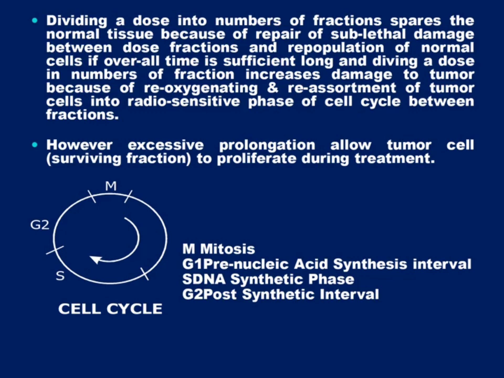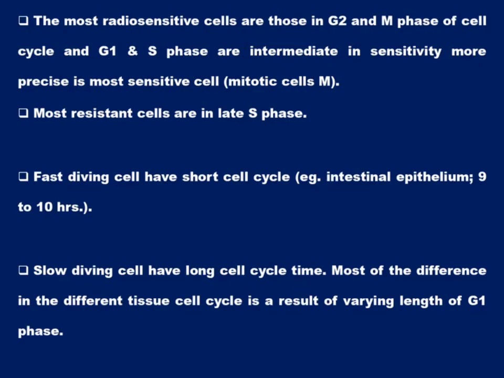The cells in G2M are radiosensitive, because at that phase the chromatids are widely apart and can be killed by radiation. But in the S phase, also called the DNA synthesis phase, whatever radiation is given, resynthesis of DNA happens immediately, so it is considered the radioresistant phase.